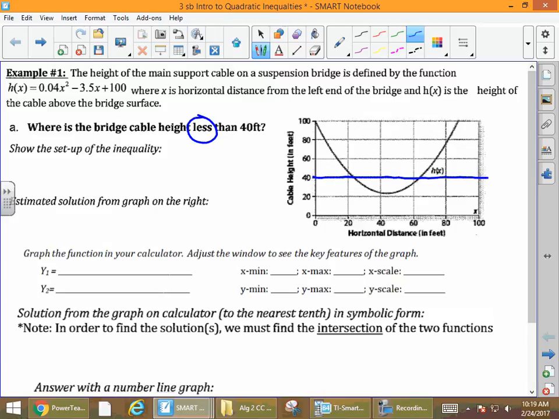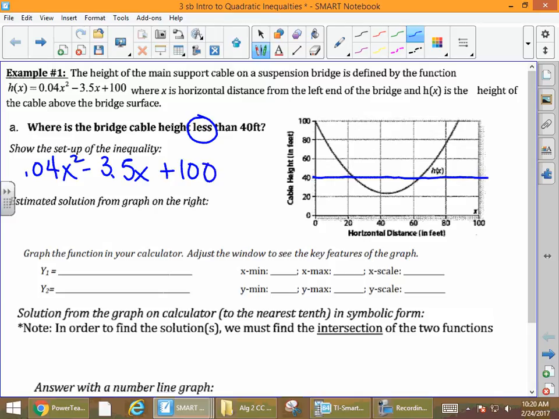I highly recommend that you write the letter on the left. What do I mean by that? 0.04x squared has a variable in it. It's a letter. Minus 3.5x plus 100.